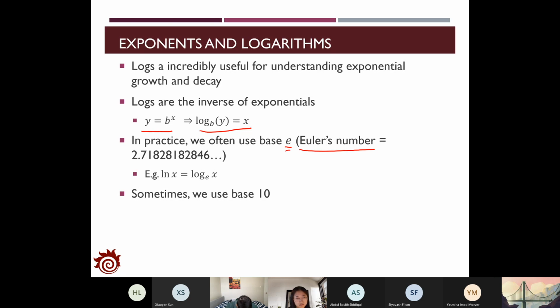It's the standard number that we use for exponential functions. Usually log x represents log base e of x. And sometimes we also use 10 as the base of the log.